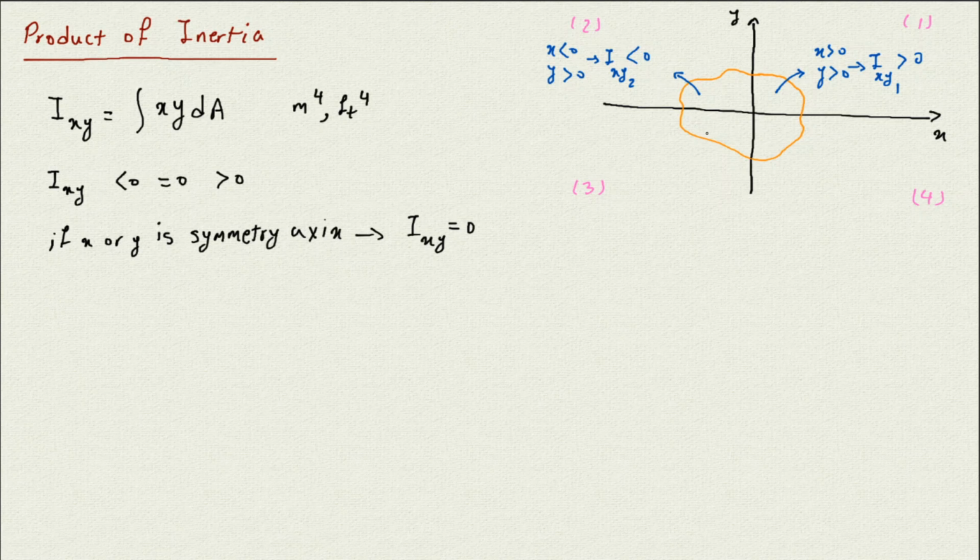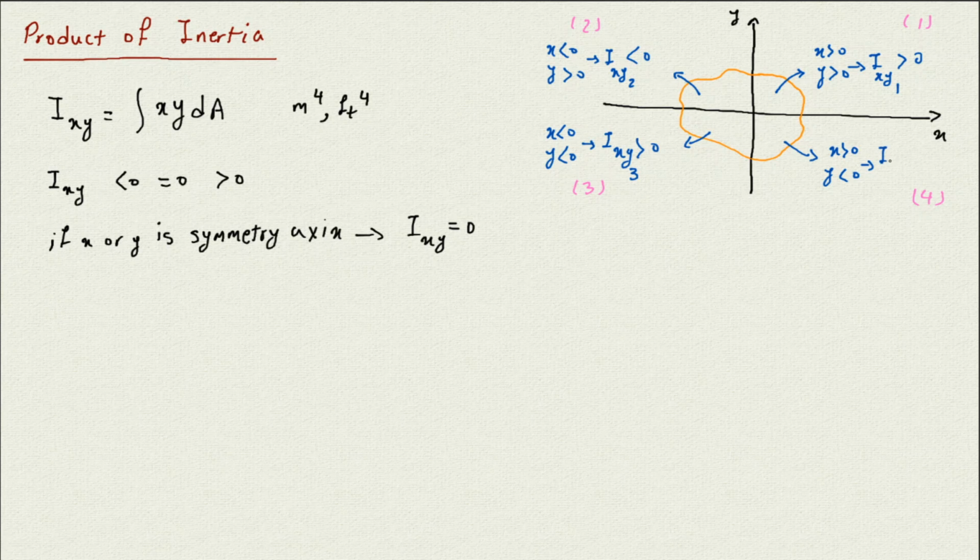In the third one, x is negative. Whatever x we have here is all negative, and the same for y, it is negative. Therefore, Ixy in this quadrant is going to be positive. And here in the fourth quadrant, we know that x is positive and y is negative.